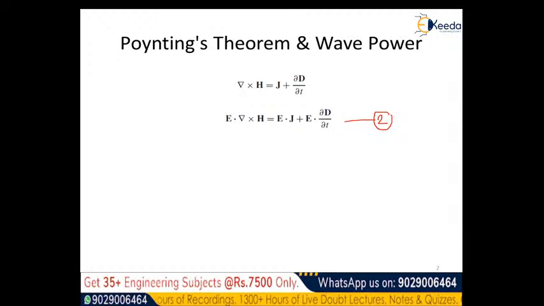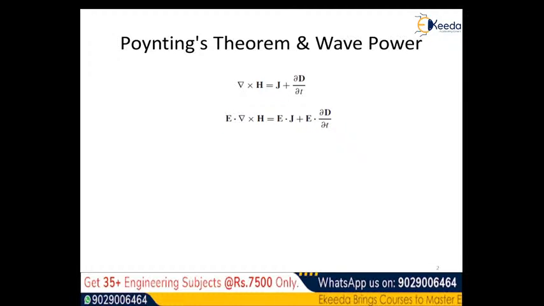On the left hand side you see E, representing the electric field intensity, having the dot product, that is the scalar product, with del bar cross H bar that was originally there, whereas the first term will be modified to E bar dot J bar. The second term will be E bar dot del D by del t.